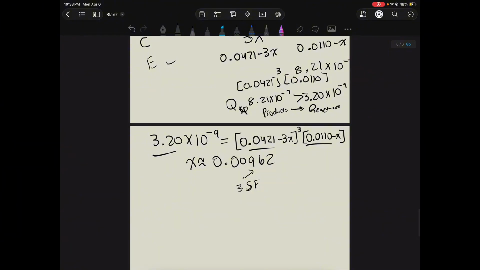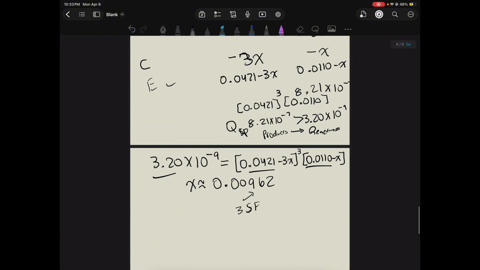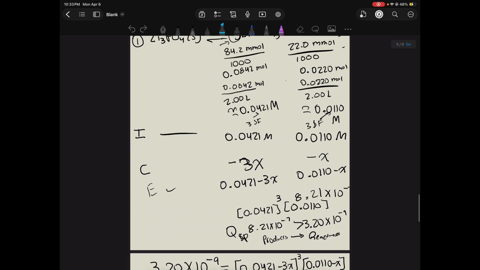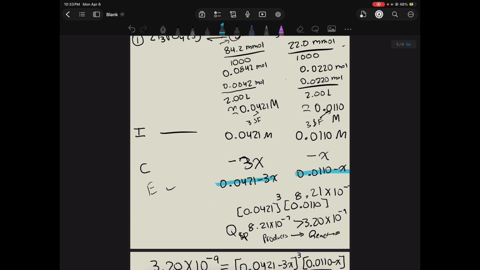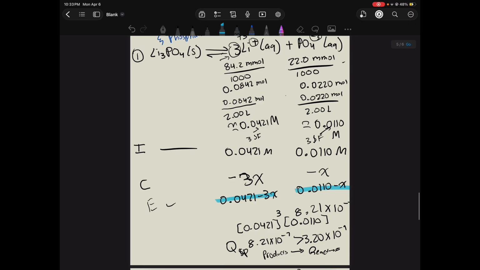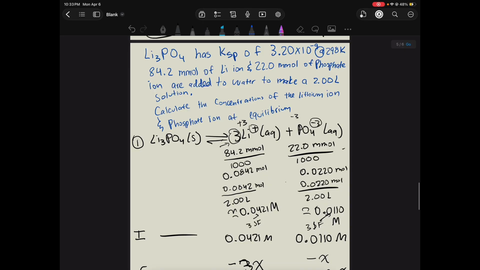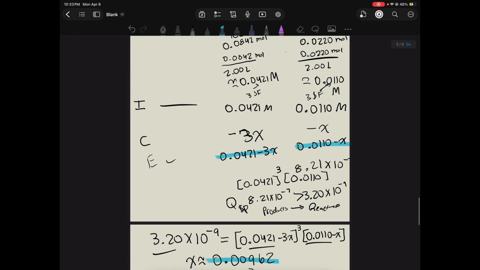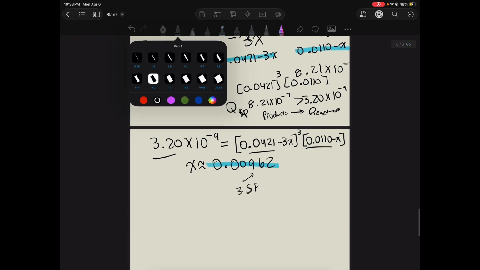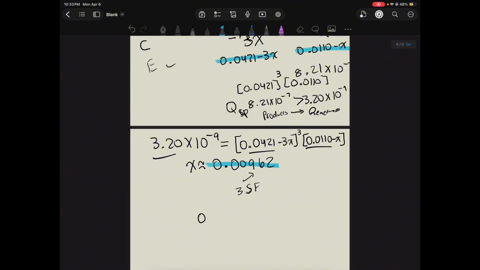Okay, now all we have to do is plug this x value into our E's, to find the final molars, or the equilibrium concentrations. So for the lithium ions, it would be 0.0421 minus 3 times 0.00962.